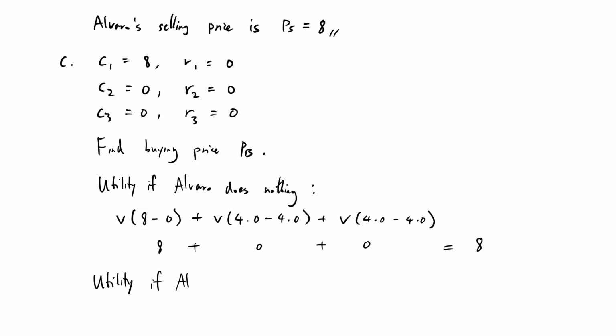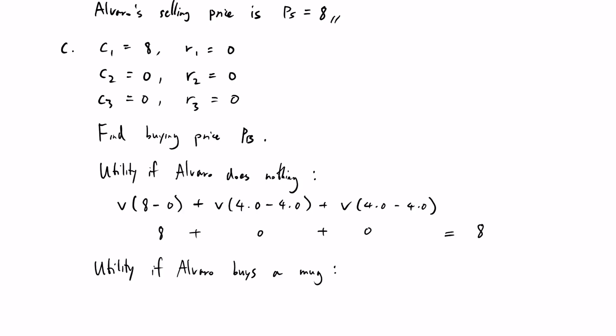Utility if Avero buys a muck. This time around, it's going to be 8 minus PB minus 0. He's spending some money that he did not expect to spend, plus V(1) muck that he did not expect to have, plus no pen.